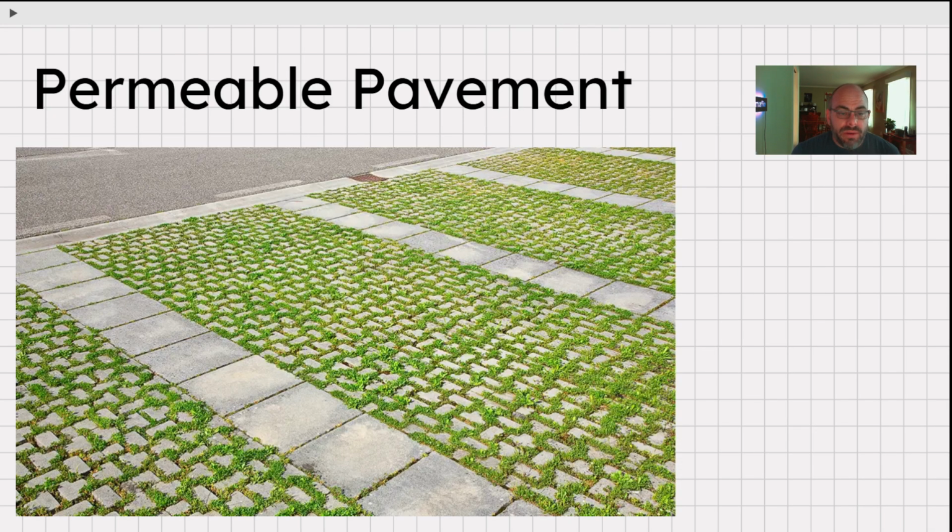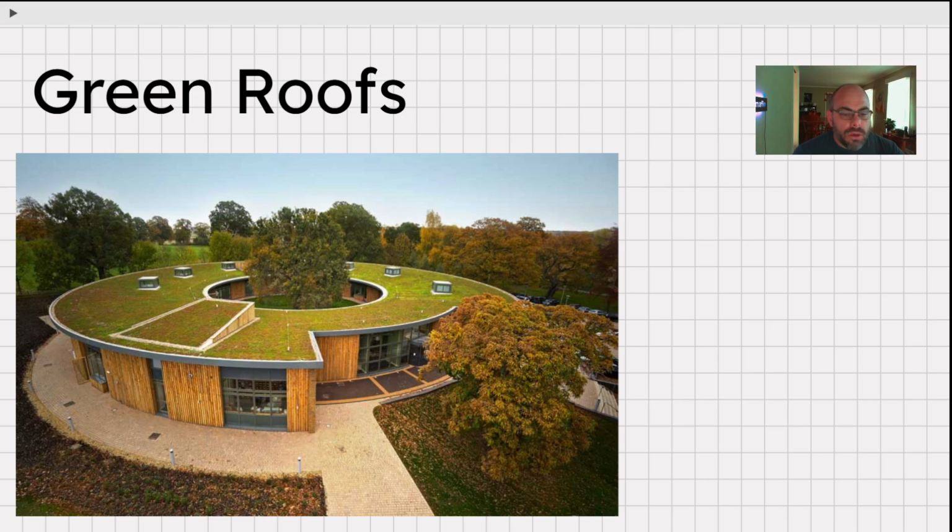You can see in the background of this picture that there are roads that are impervious, so maybe this is more of a sidewalk situation. But either way, this is much more permeable than just a cover of concrete or asphalt.